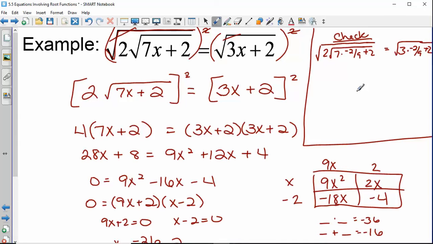So you're going to get a nasty decimal, and that's fine. The question is, do you get the same decimal for both of them? I did. You did not? You need me to look at it?